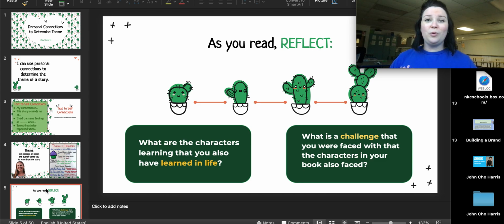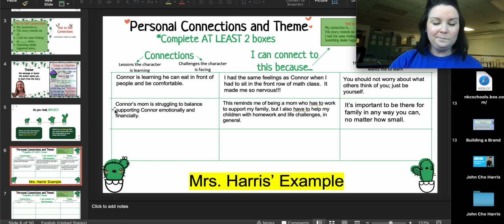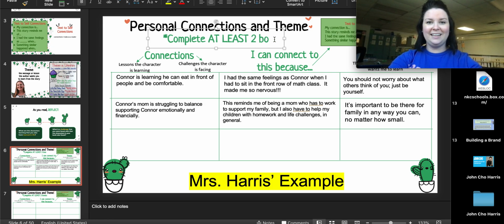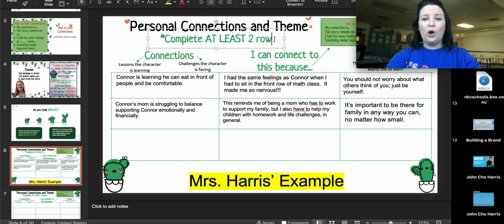When you're doing this work today, we have this great chart for you to outline your thinking and organize your thoughts. Let me show you what that looks like. We're asking that you complete at least 2 boxes, meaning rows. Here, let me fix that real quick for you guys. Complete at least 2 rows.